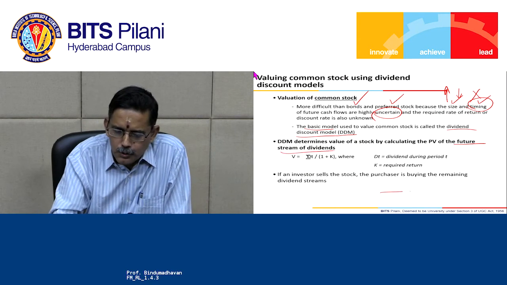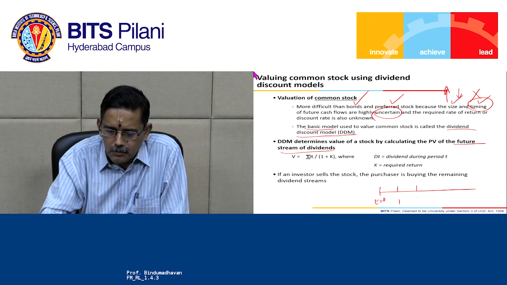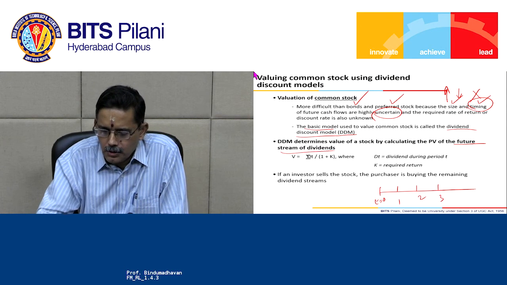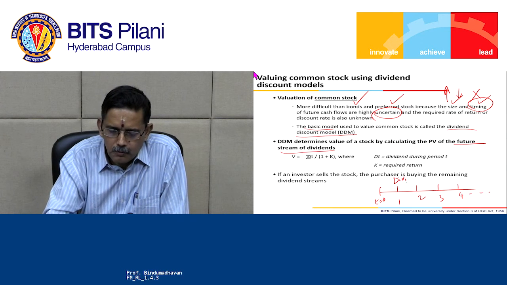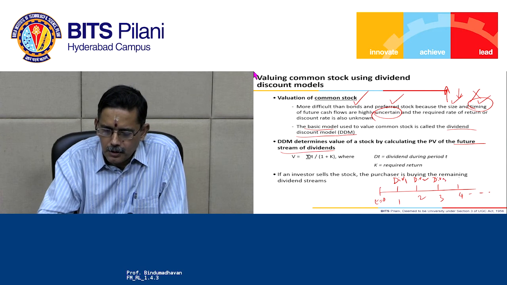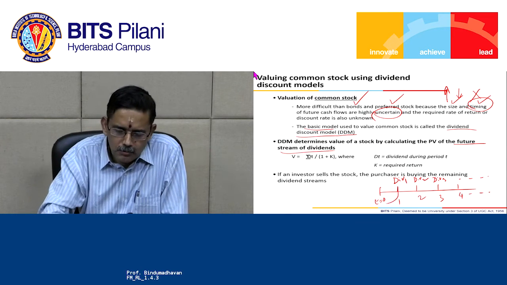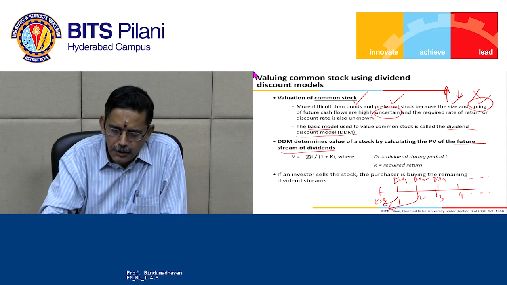We are going to forecast the dividends the company will pay in year 1, year 2, year 3, and so on: dividend 1, dividend 2, dividend 3. Just like we valued the bond, we will discount all these dividends to today, right?